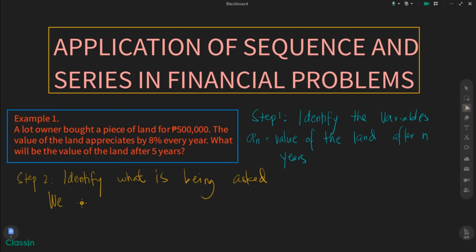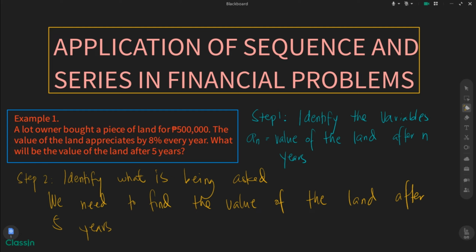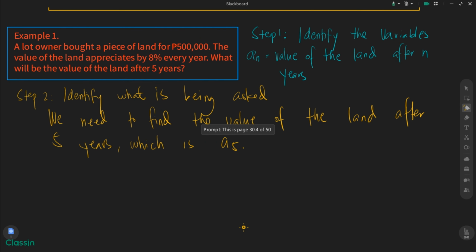Again, we need to find the value of the land after 5 years, which is A sub 5.